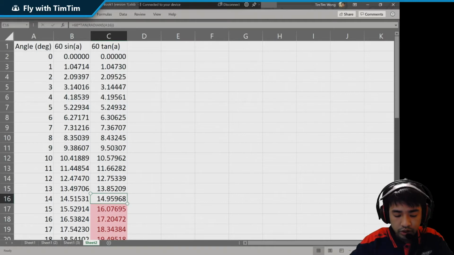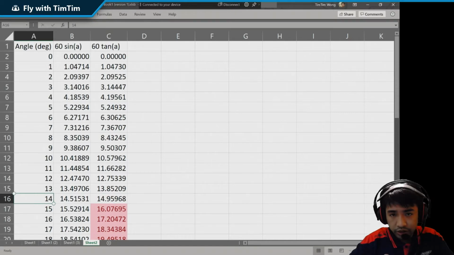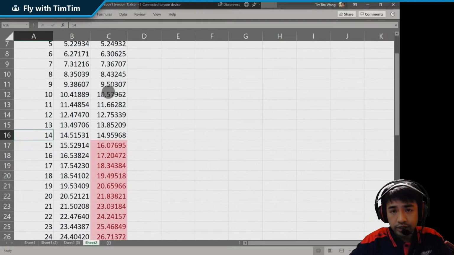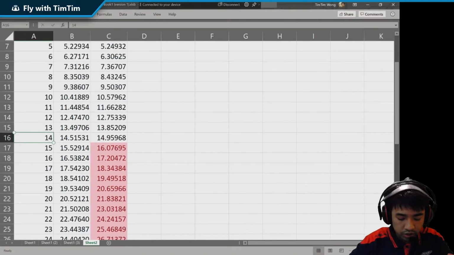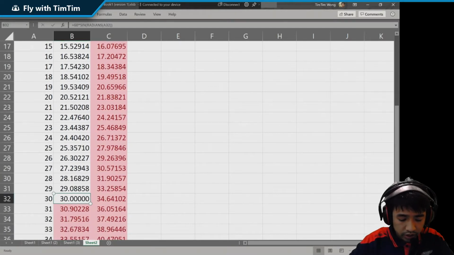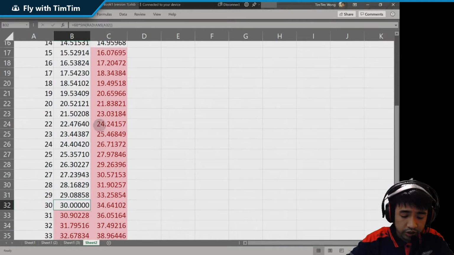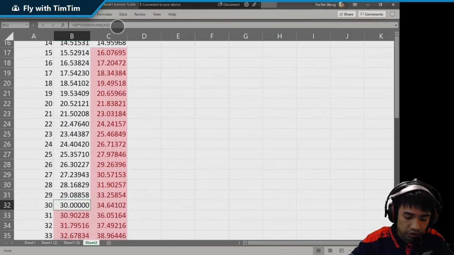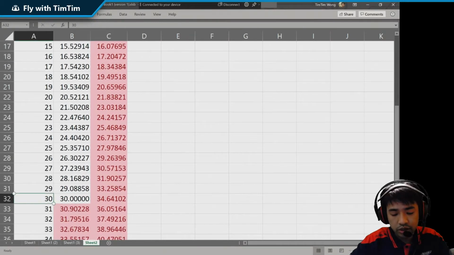So the integral part is exactly the same as the value of the angle in degrees. For sine, this goes up even higher, to 30. Up to 30 degrees, after getting the sine and multiplying by 60, we get exactly the same value, 30, if you ignore the decimal part.